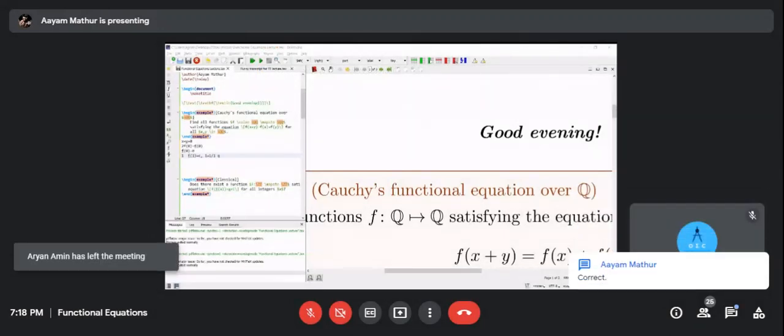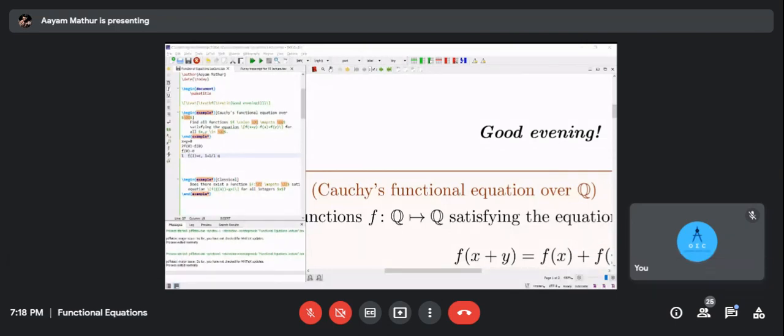Yes, okay, exactly. As someone in the chat said, if you plug in anything from the domain, an image is guaranteed to exist. For example, I may or may not have f of square root of 2 defined. As a matter of fact, in this case, f of square root of 2 is not defined, because it's not a rational number.